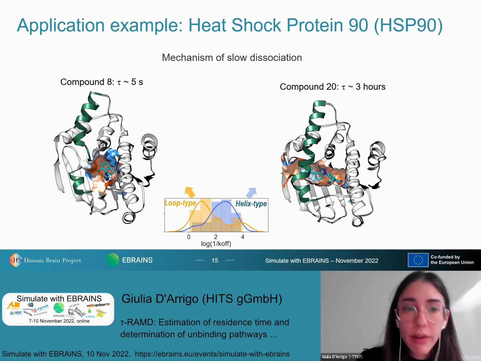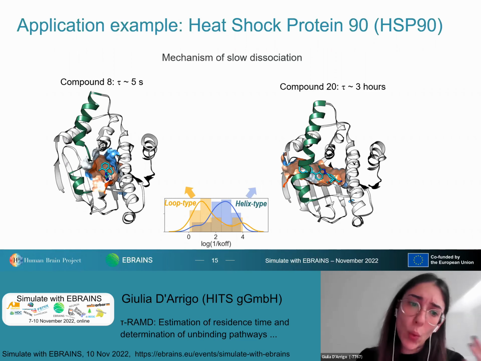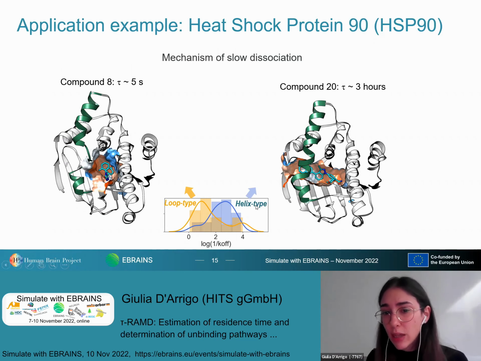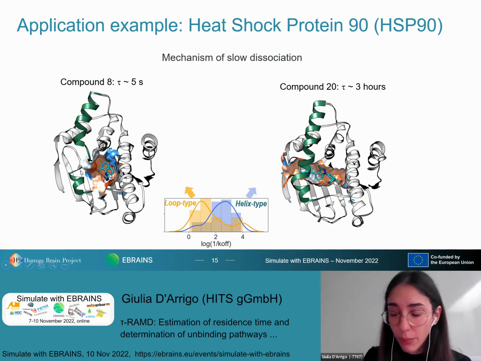And what I want to show you here is basically the same concept of the previous slide. What we can derive here is that if we have a more helical conformation of the binding site, we might end up with a higher residence time than if we have a loop conformation.